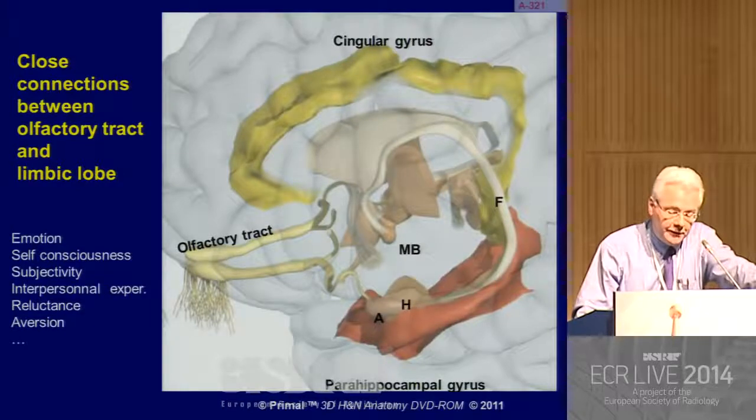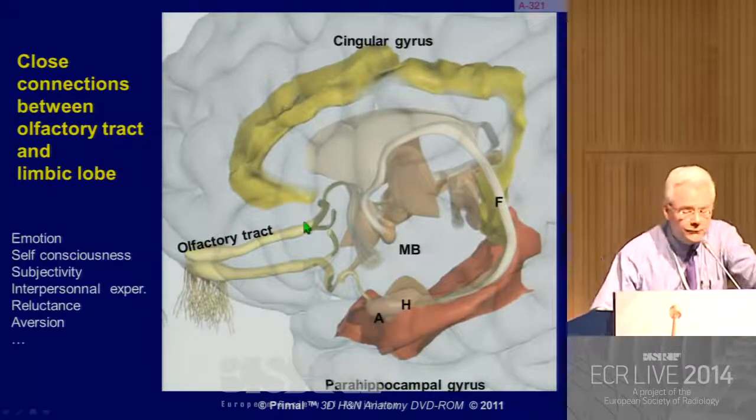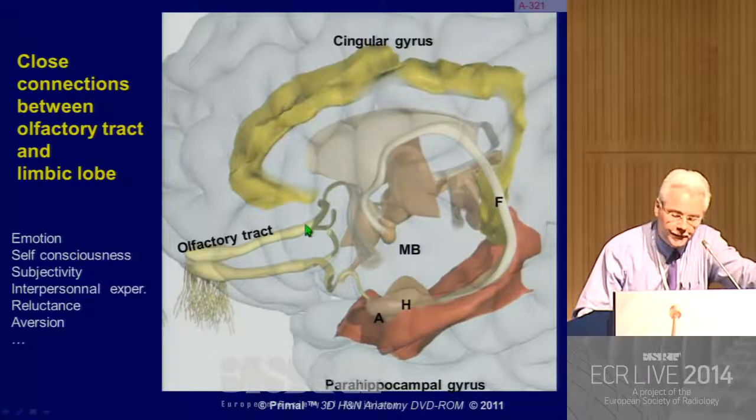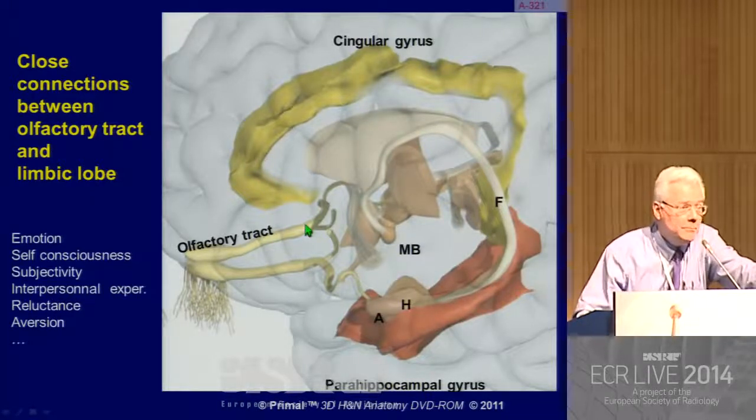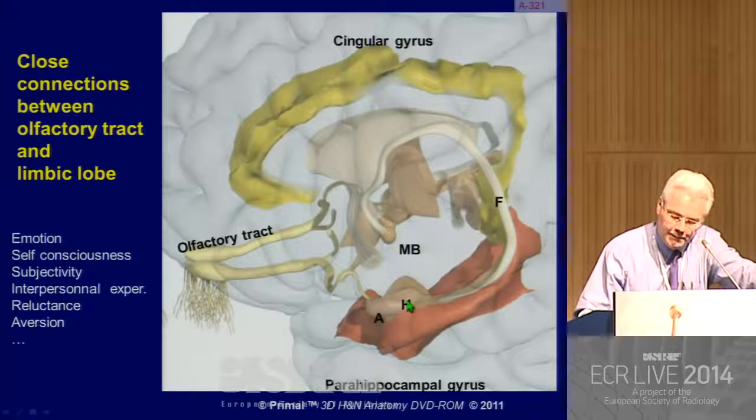Another interesting characteristic of the olfactory tract is that it is closely linked to the so-called limbic lobe or limbic system through the lateral olfactory striae projecting on amygdala and hippocampus.